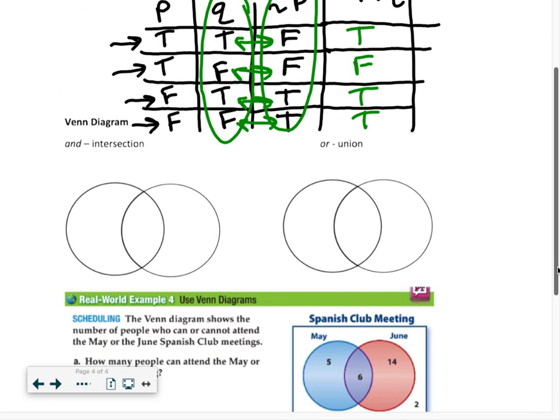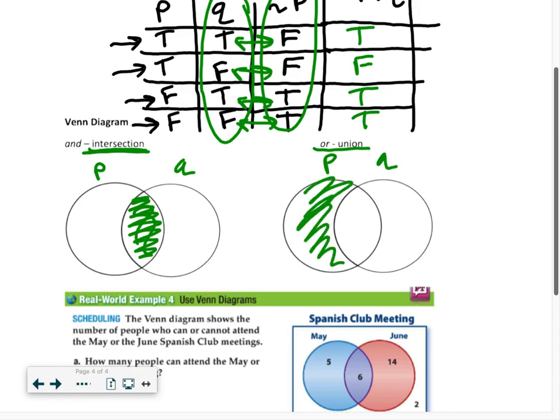So if you're using a Venn diagram to represent some set of data, an AND is where these values intersect. So if you have statement P and statement Q and there is some overlap, then you're looking at the intersection of these. If you're looking at statements P and Q and you're thinking of an OR, well, everything that makes P true gets counted in.